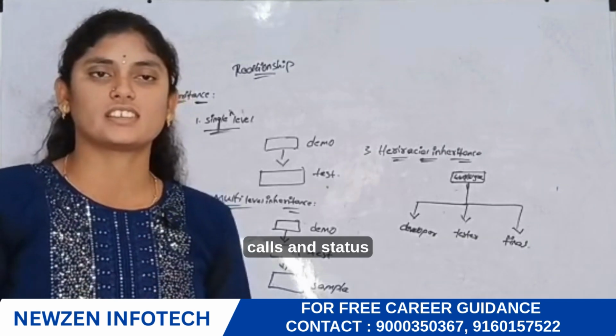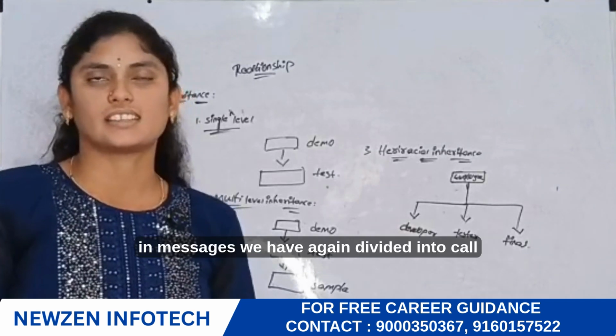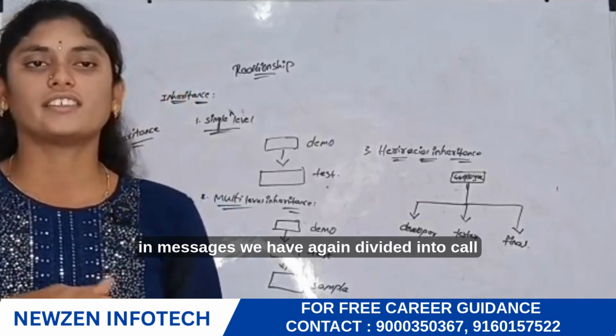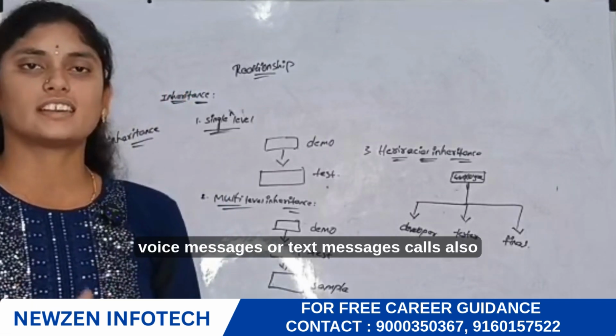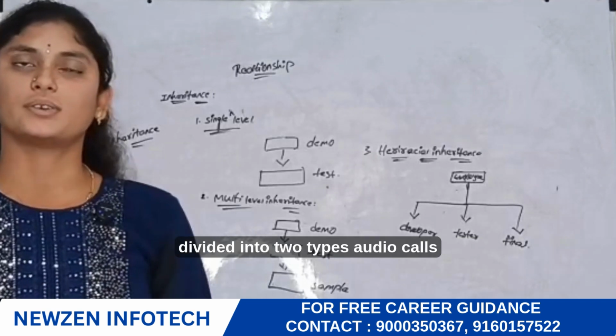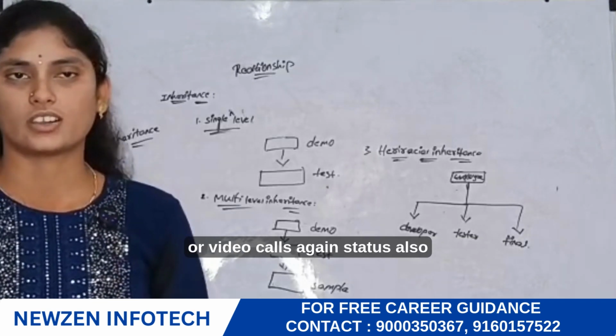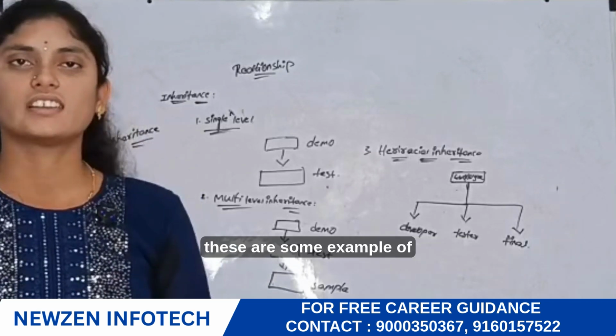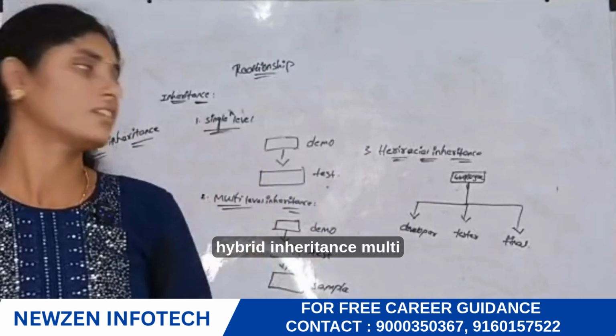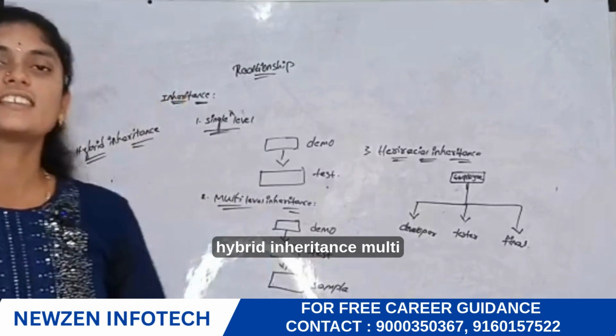WhatsApp has messages, calls, and status. Messages are again divided into voice messages or text messages. Calls are also divided into two types: audio calls or video calls. Status also has some properties: privacy, everyone. These are some examples of hybrid inheritance.